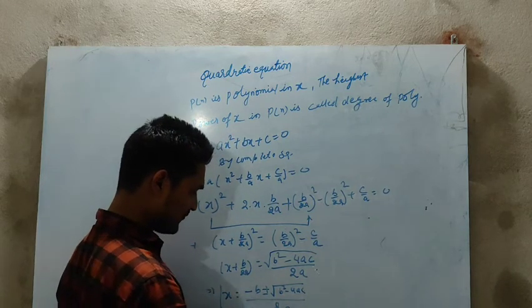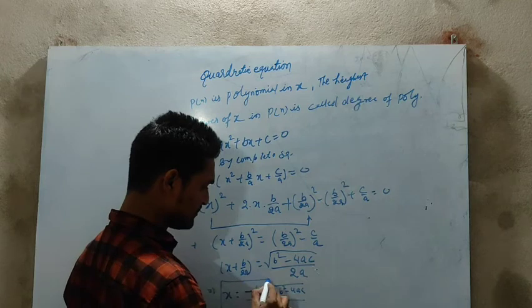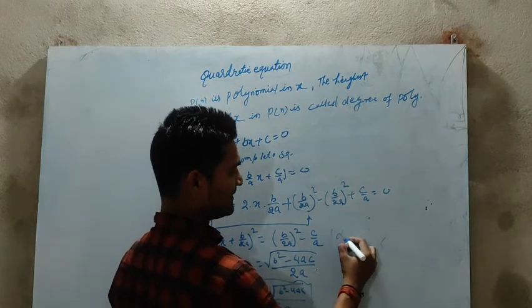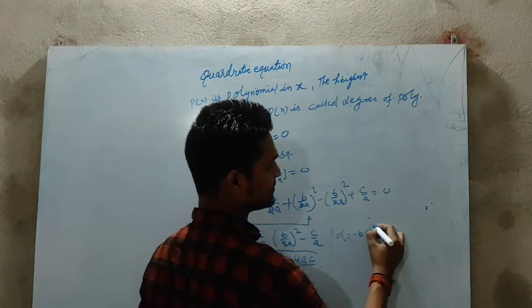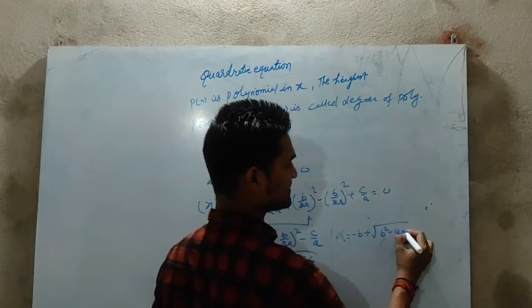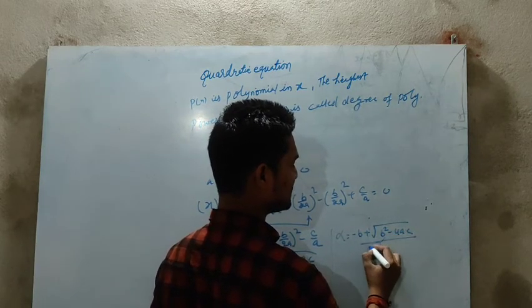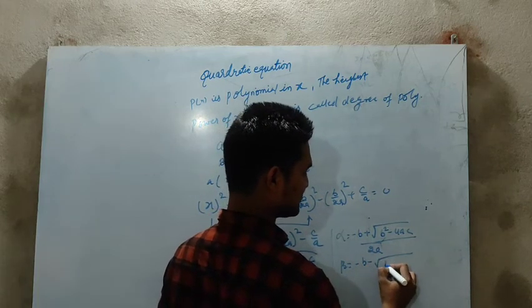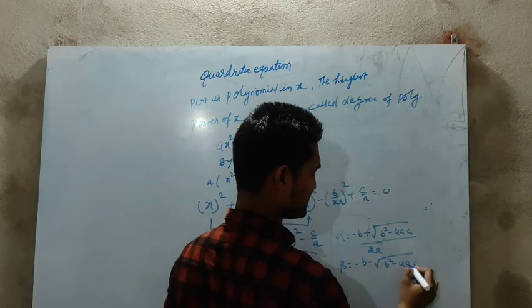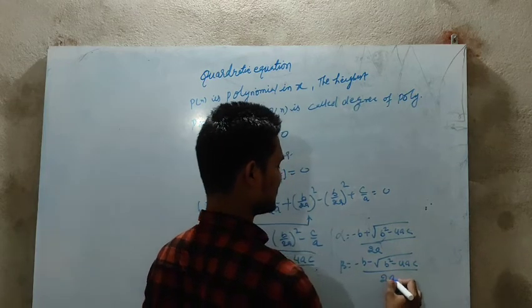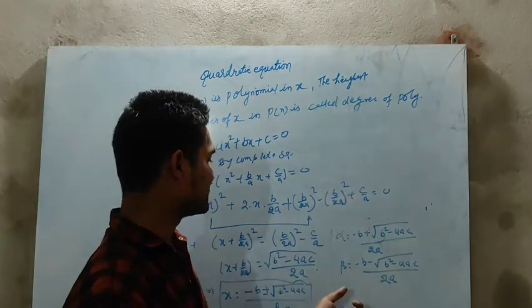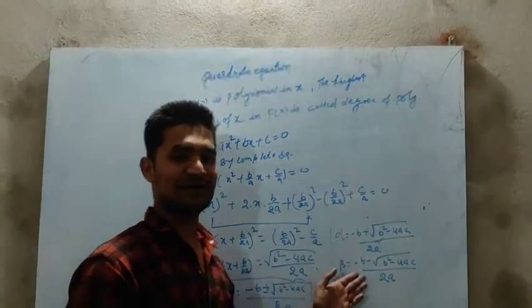Here the number of values of x is always 2 because it is a quadratic equation. Now alpha = (-b + √(b^2 - 4ac))/2a and beta = (-b - √(b^2 - 4ac))/2a, where alpha and beta are also known as the roots, or zeros, of the quadratic equation.